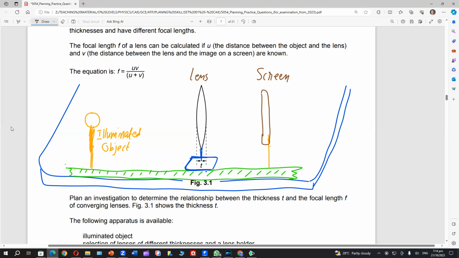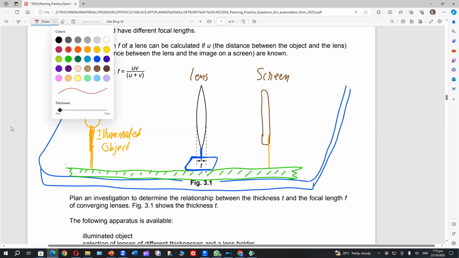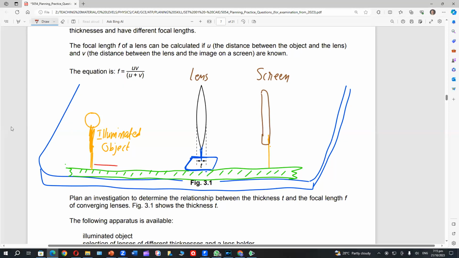I have placed an illuminated object. This distance is u and this distance is v. So please copy this apparatus. Once you have copied it, let me know. First copy this whole apparatus and let me know once you have copied.